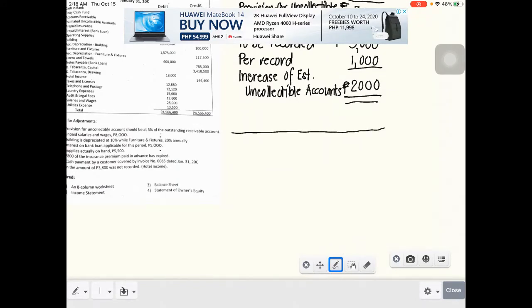So let's try to make the ledger, estimated uncollectible accounts. We have here 1,000, and our goal is 3,000, so we have to add 2,000.